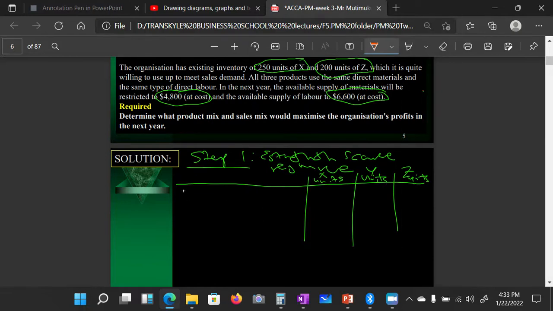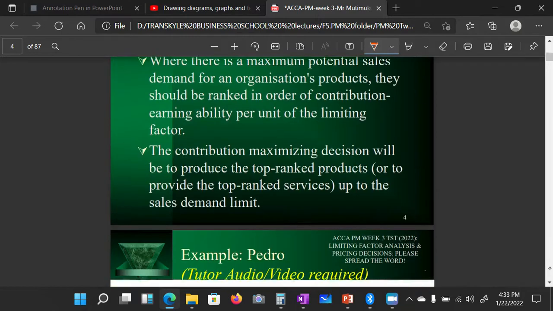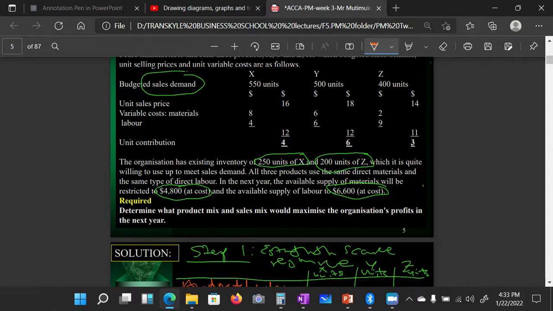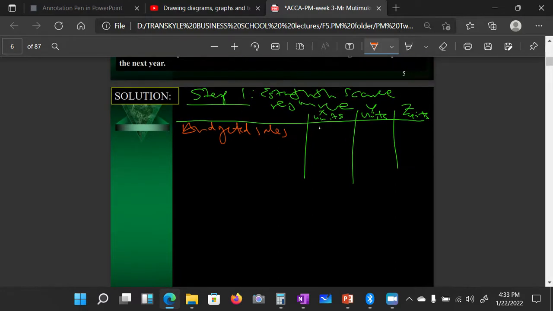So we are given the budgeted sales, ladies and gentlemen. Let's go back to our question. We are given 550 for product X, 500 for product Y, and 400 for product Z. These are units.